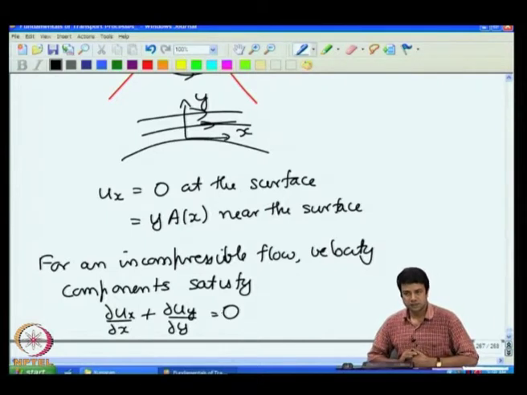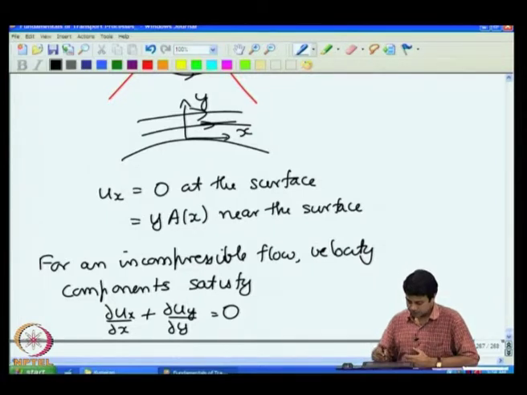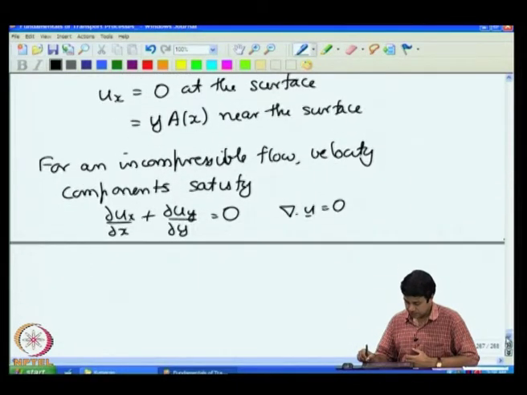This once again is outside the scope of the present lectures, but we will assume that this is given. This is equivalent to saying del dot u is equal to 0, at the surface itself. dux by dx plus duy by dy has to be equal to 0.